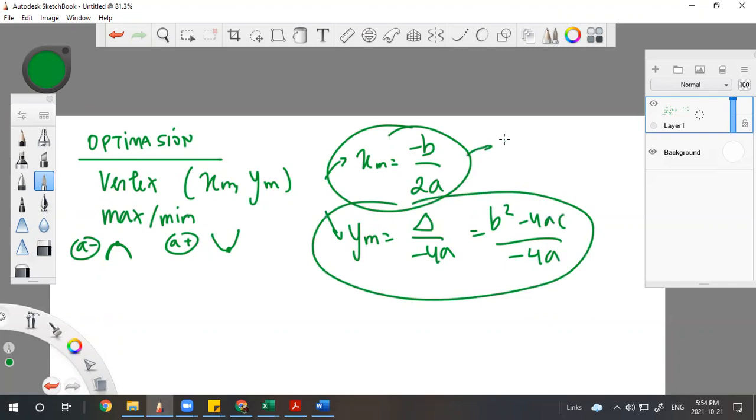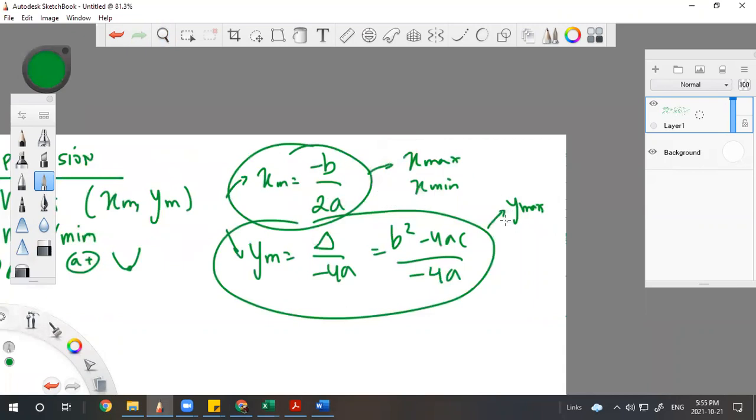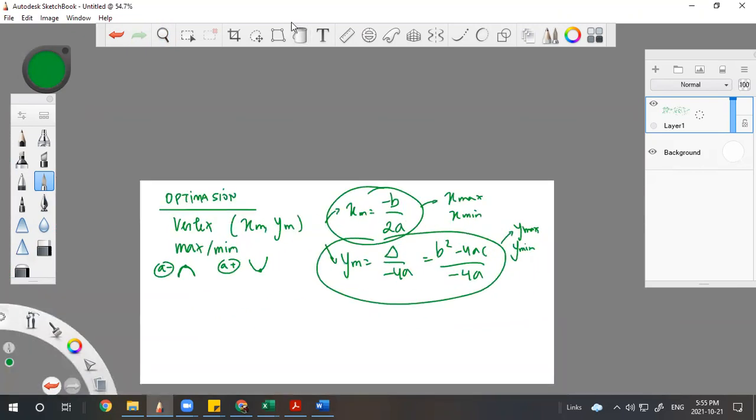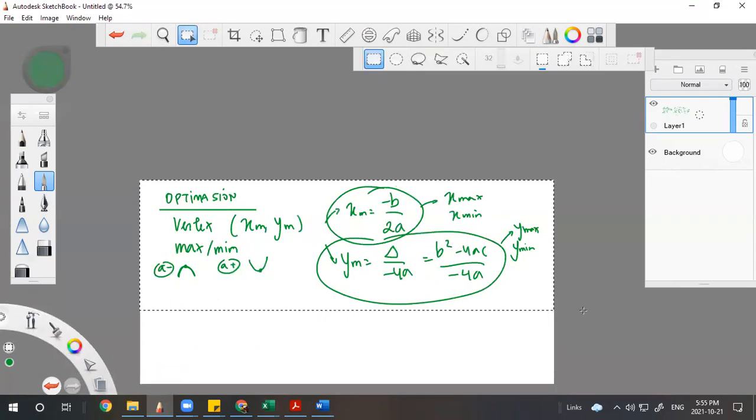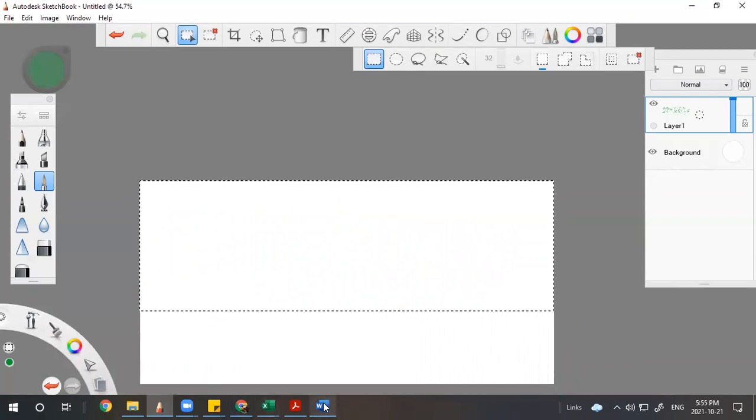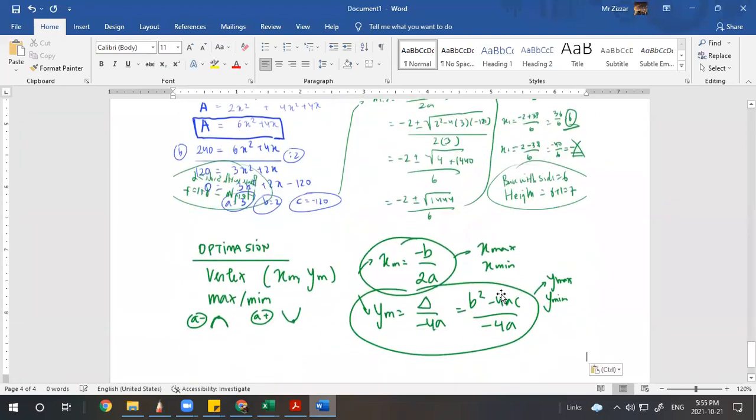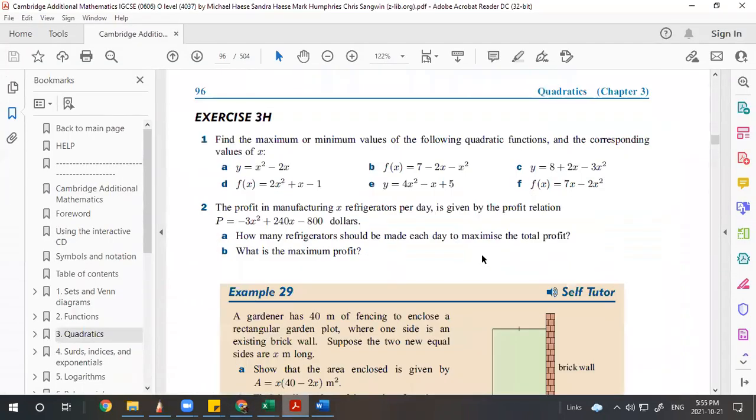This will be the x max or min. This will be y max or y minimum. Okay, that's what I can tell you about the formula of quadratics. And that's all. I don't think we have another question.